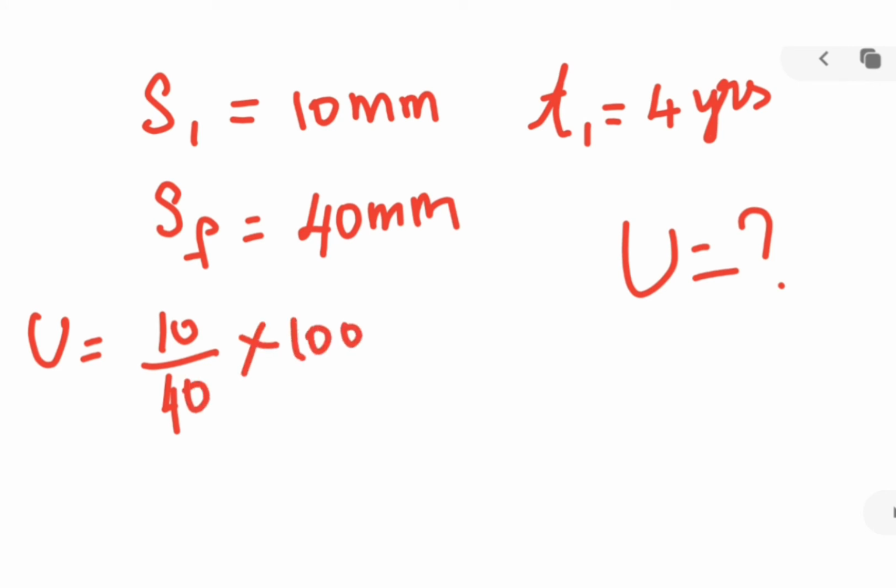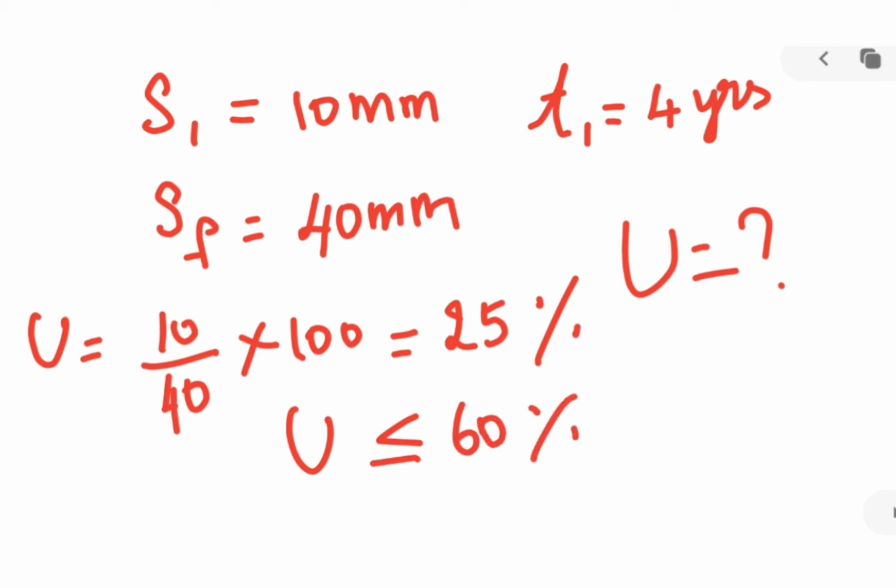By this you can understand 25% of consolidation has occurred; that means this 10 mm is 25% of 40 mm. U is less than or equal to 60% because we got only 25%. Therefore, we have to use the corresponding TV formula.